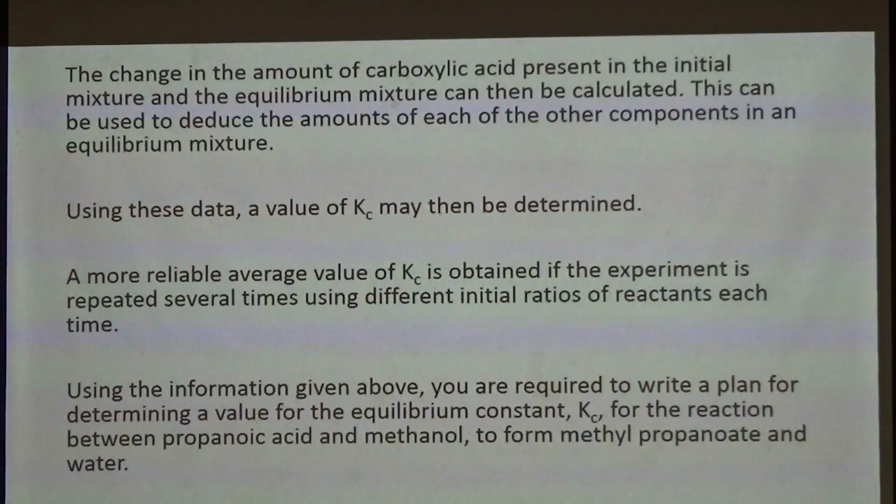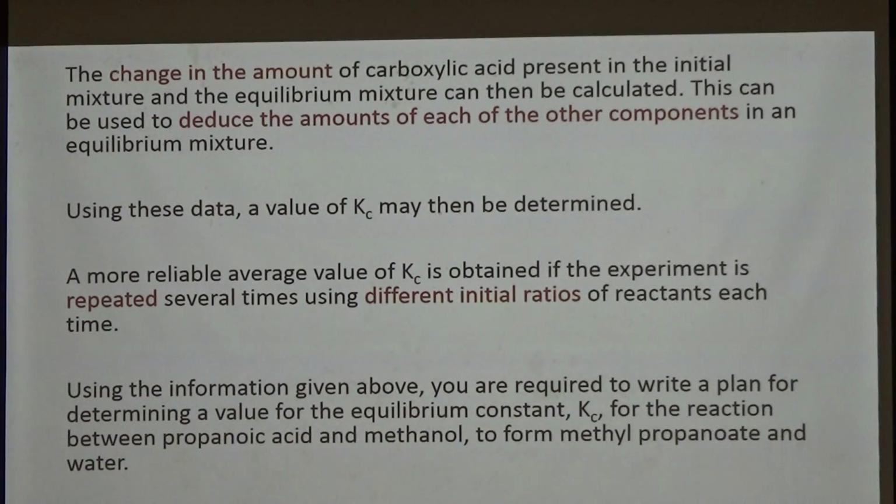Then they go on to say, using this data, Kc is calculated, and you take the average of Kc values. So what are the key points once again? You will need to determine the change in amount of carboxylic acid present in the initial mixture and the equilibrium mixture, such that you can deduce the amounts of each of the other components in the equilibrium mixture. You will need to repeat this several times using different initial ratios of reactants in each case.